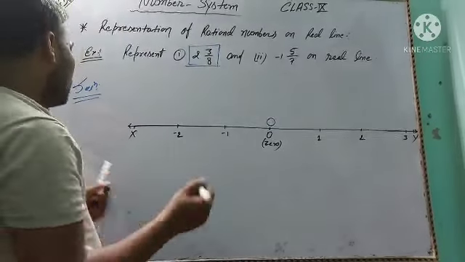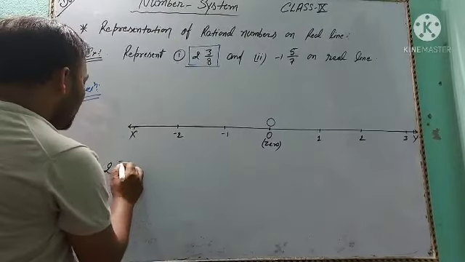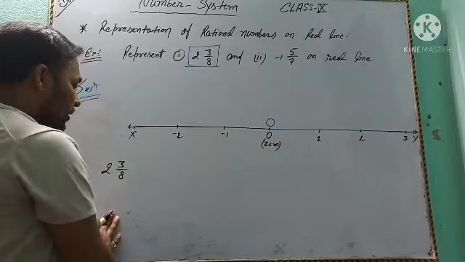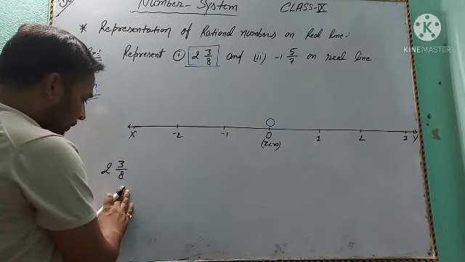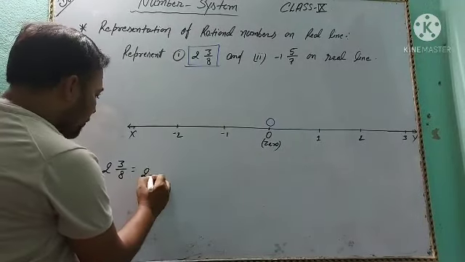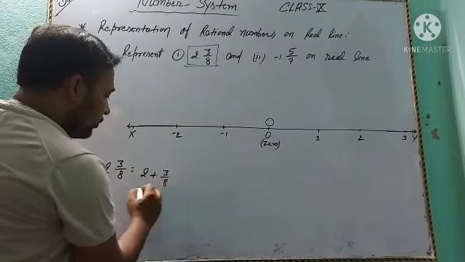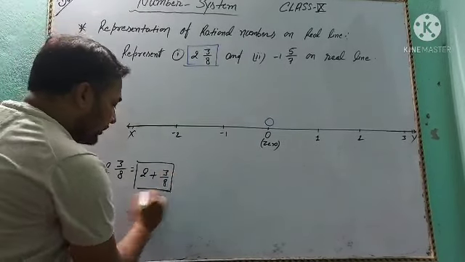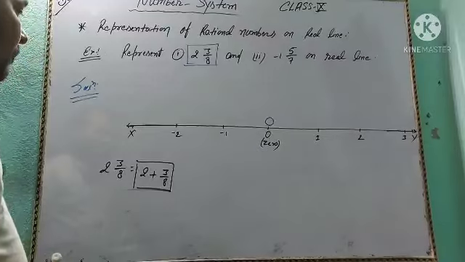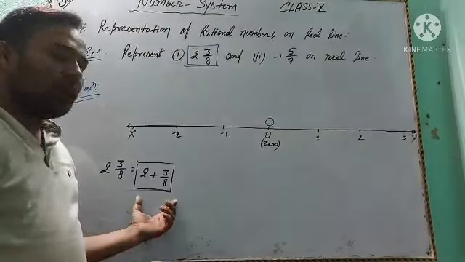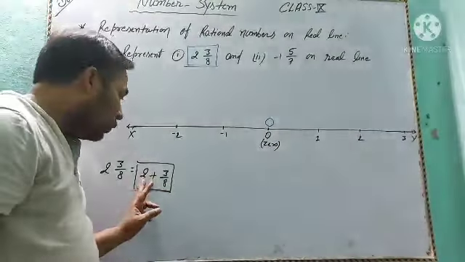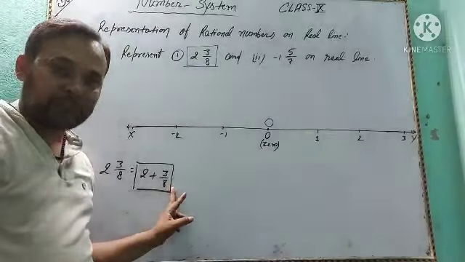So students, 2 upon 3 by 8 means we write 2 plus 3 by 8. This is a mixed fraction. A mixed fraction is the combination of a whole number and a proper fraction.